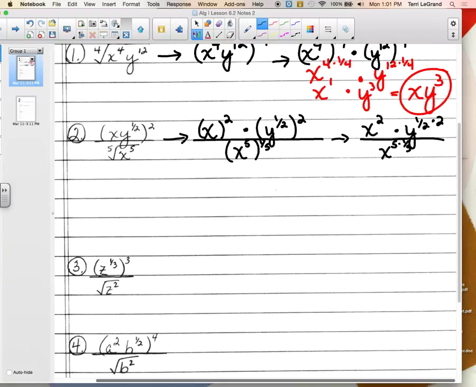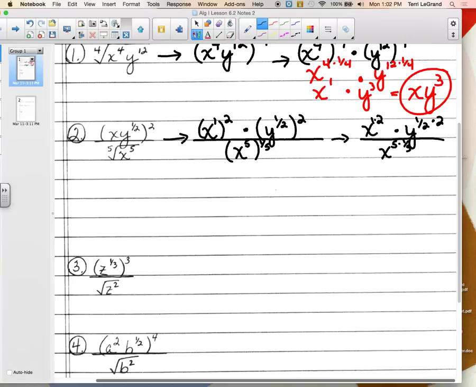So a power to a power, multiply their exponents. We're just showing that we're multiplying the exponents. What we didn't show in this one is this is really x to the 1st power. And x to the 1st power could be 1 times 2, couldn't it? We just didn't show that one.